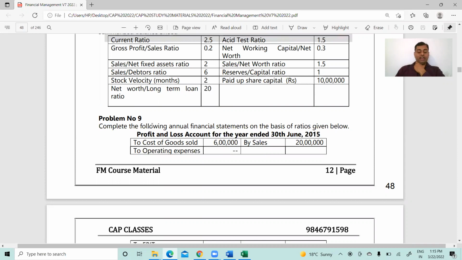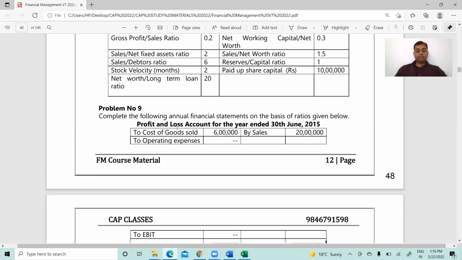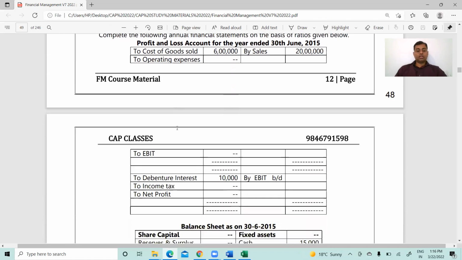Vrinda, read problem number 9. Yes, sir. Complete the following annual financial statements on the basis of ratios given below. Profit and loss account for the year 30th June 2015. To cost of goods sold 6 lakh.